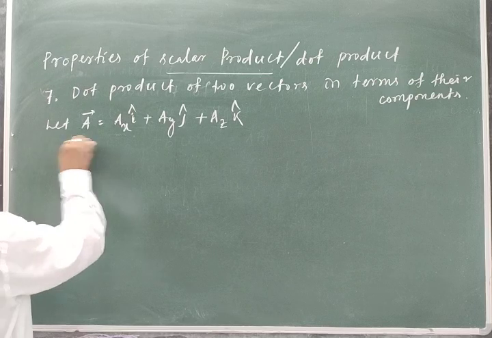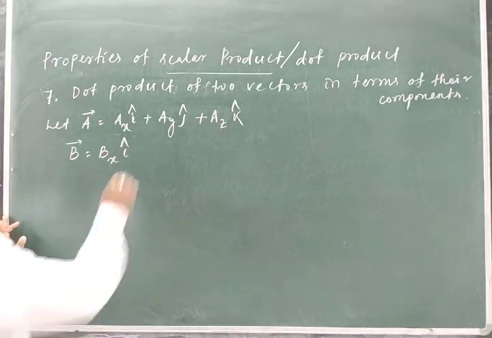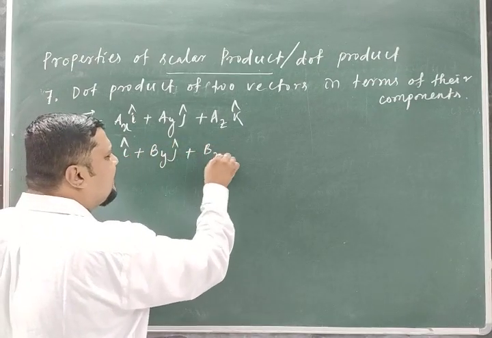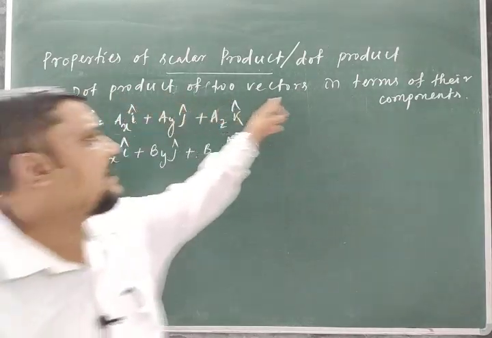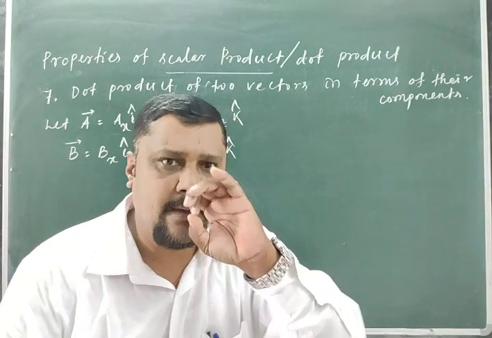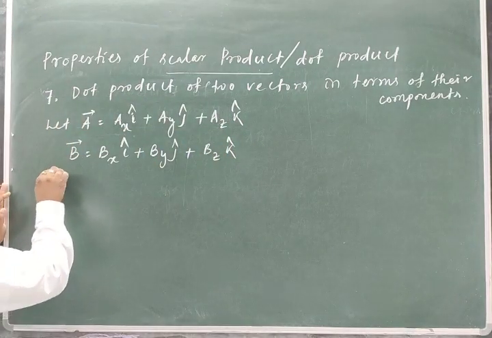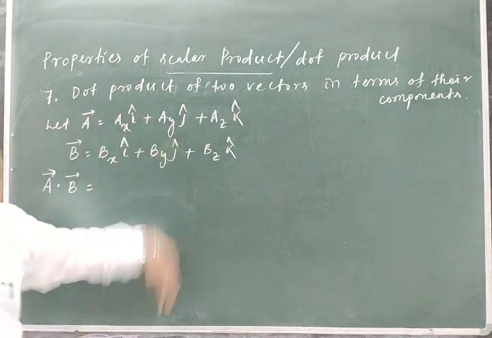Similarly, B is another vector where Bx i cap is along the x-axis, By j cap along the y-axis, Bz k cap along the z-axis. This is given to me because I am finding the dot product of two vectors in terms of their components, and the vectors are given in component form. Now if I do A dot B, I will get the result in component form.